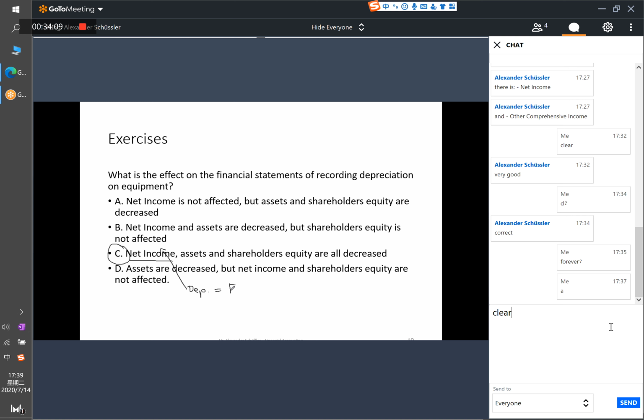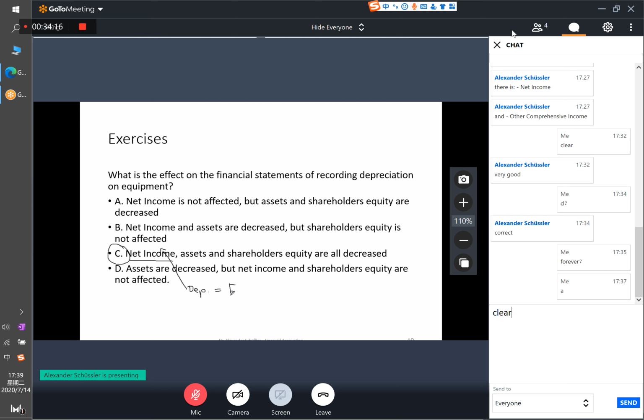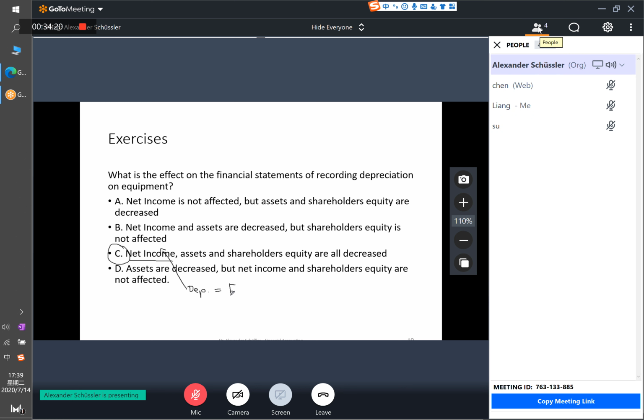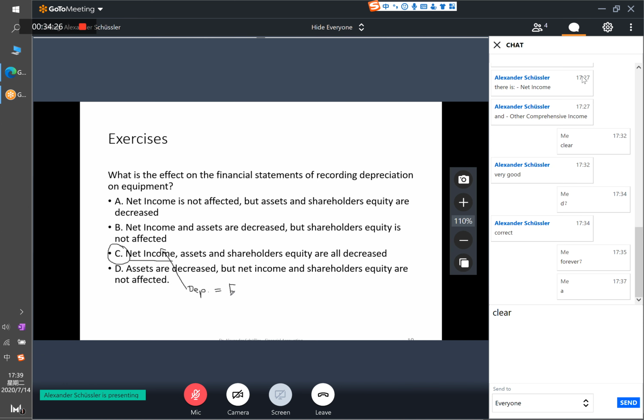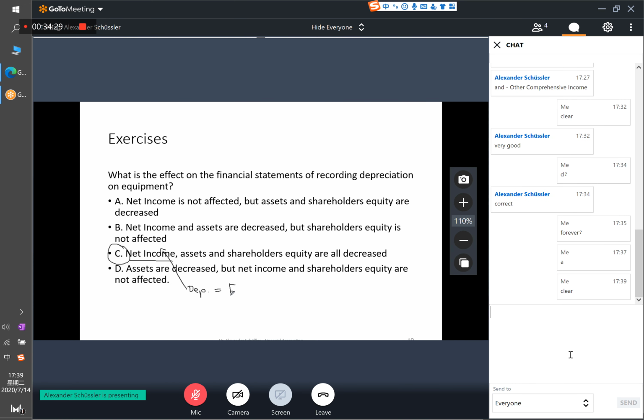And expenses decrease net income. Does that make sense?